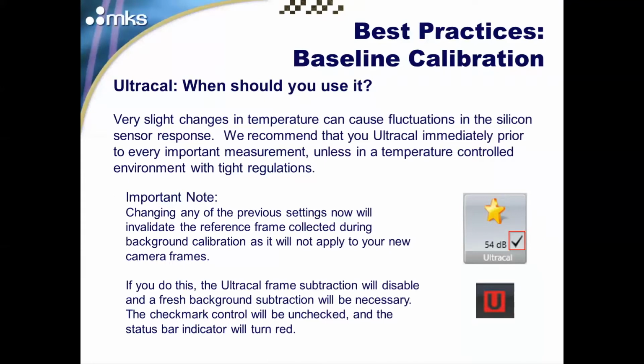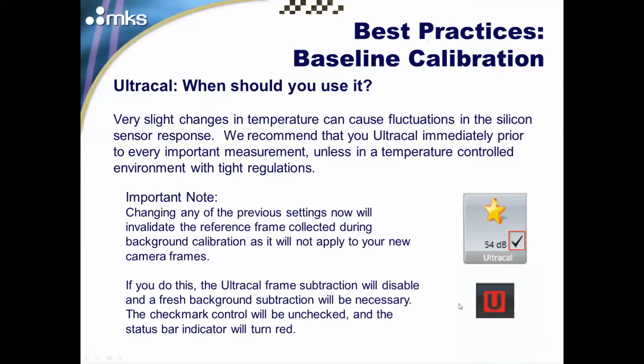It is important to note, sometimes we see people who say, oh yeah, I've ultracaled, I always ultracal. But then they send us a data file, we load it up, and that ultracal indicator on the bottom is red.